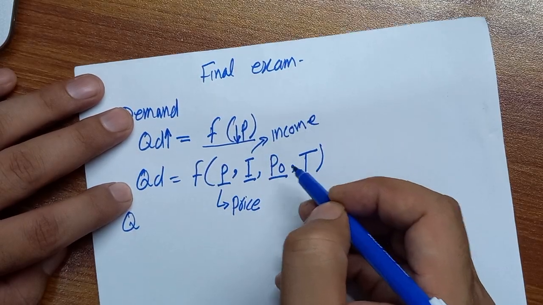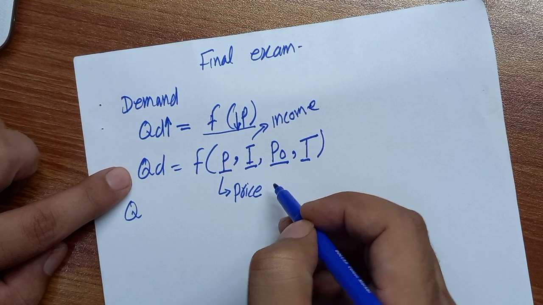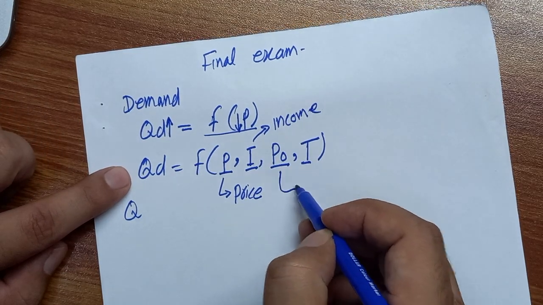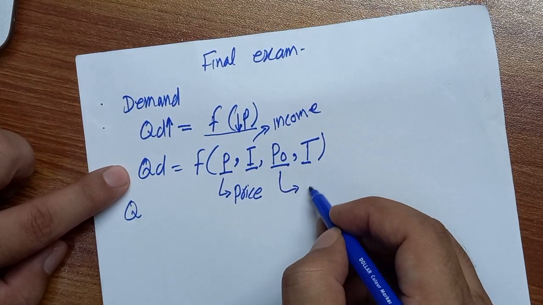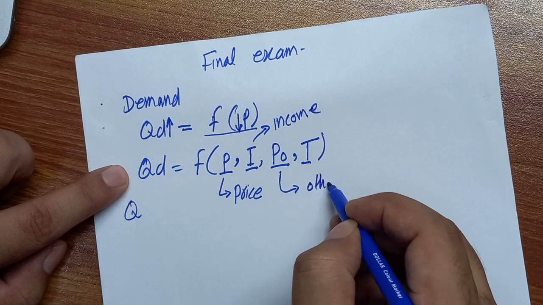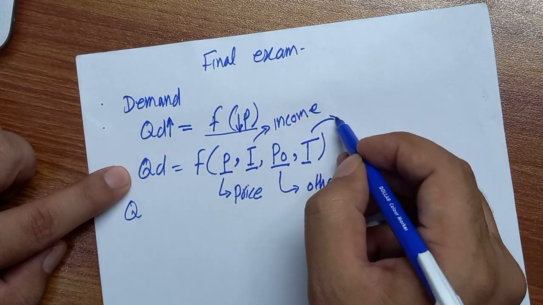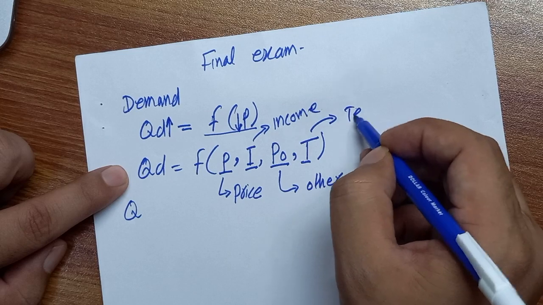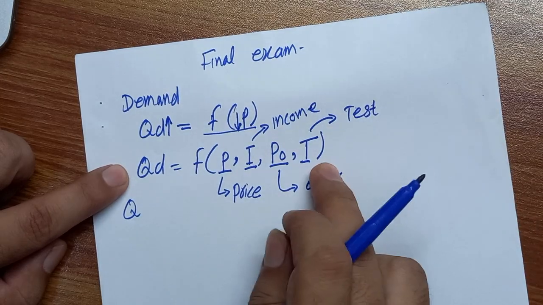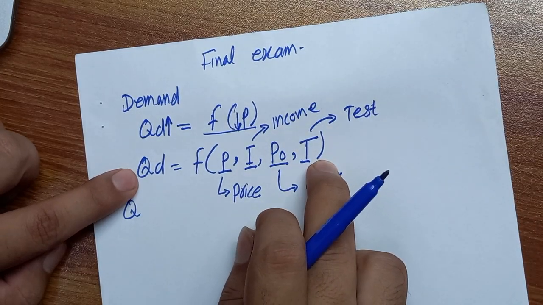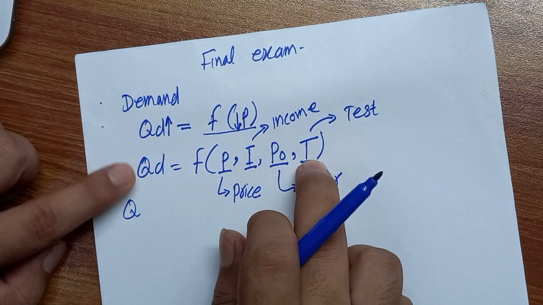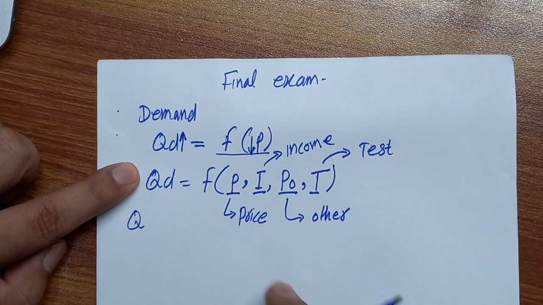When the people have more money, they will buy more things, and this is the price of the other good, and this is the taste. Taste has a positive relation with quantity of demand. If the taste is good, people will buy more.